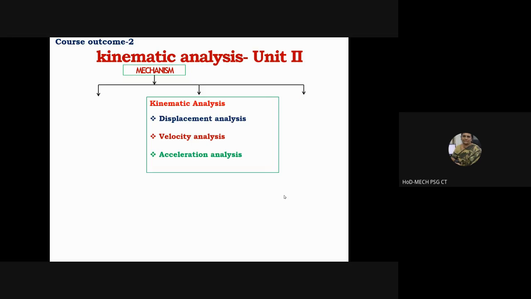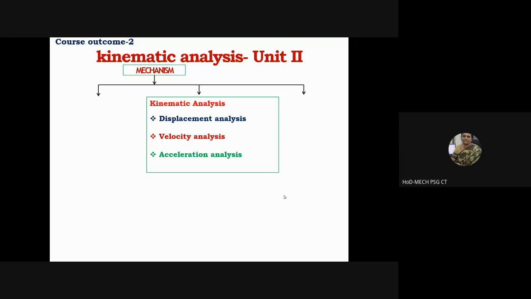Now, our task at hand today is analysis. Synthesis is creating something new, and analysis is analyzing the performance of whatever you've created.